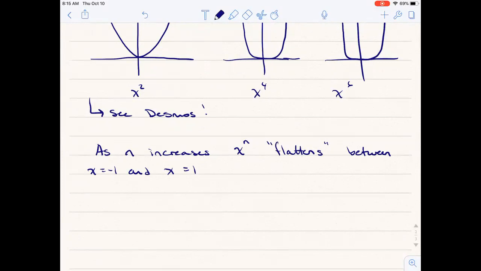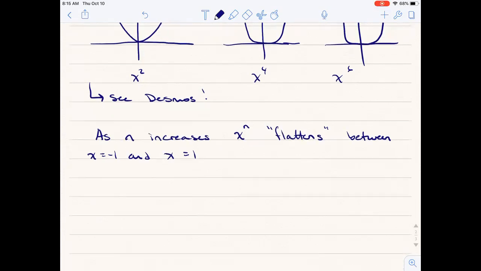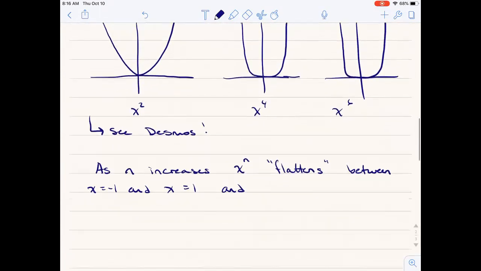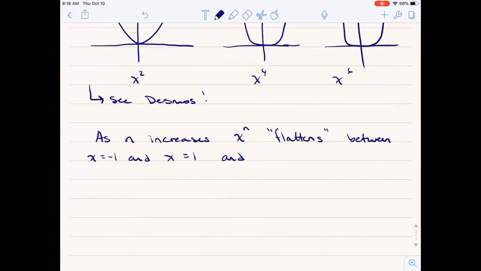That's because of how these powers behave when x is a decimal. Between -1 and 1 you've got decimals, and they behave a little bit differently. That's why it's flattening. And then, what should we call these? The arms? I'm sure they have a technical term, but the arms become narrower.